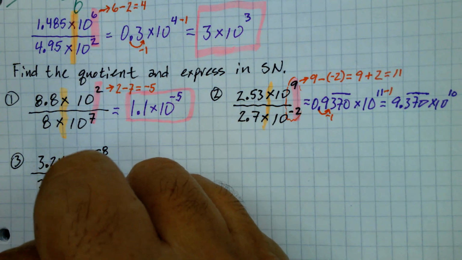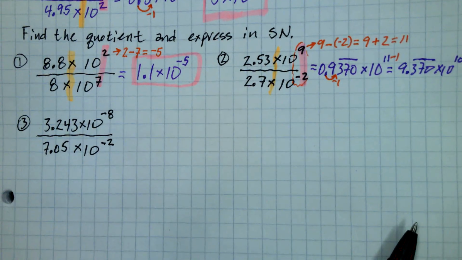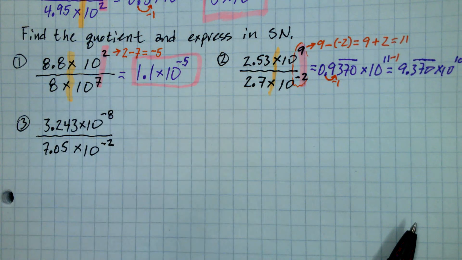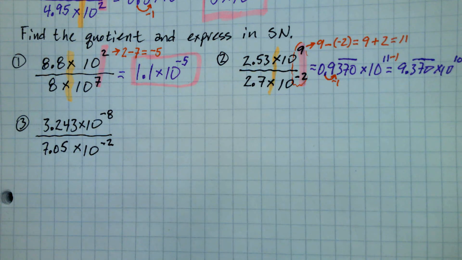Now, before we do anything, take a look at the number. Take a look at the coefficients. We're dividing 3 something by 7 something. Is that going to give you a number larger than 1 or smaller than 1? Smaller. So we're probably going to have to do an adjustment like we had in number 2.